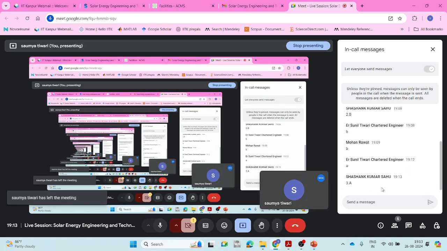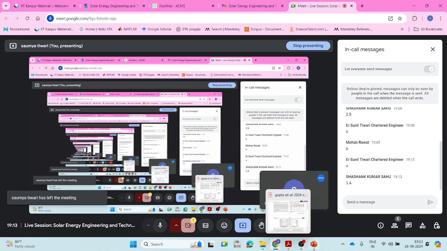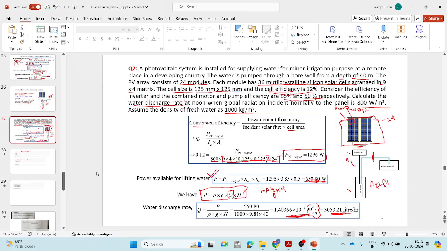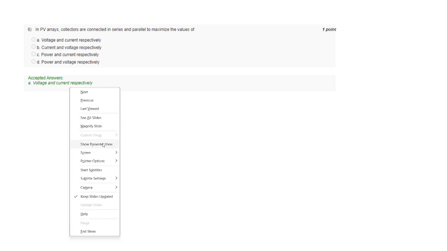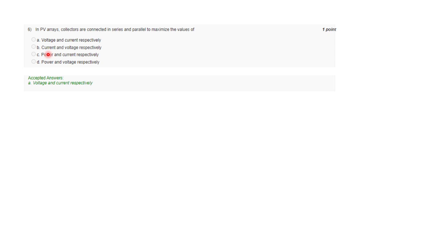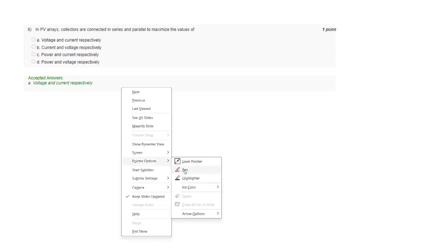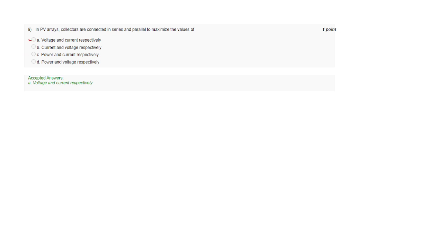So we have got option A, right? Sunil and Shashank have opted for option A. So yes, in the PV array, when the collectors are connected in series, we can maximize the voltage, right? And when we connect them in parallel, we can maximize the current. I have just explained this in the numerical problem. So the correct option will be option A.